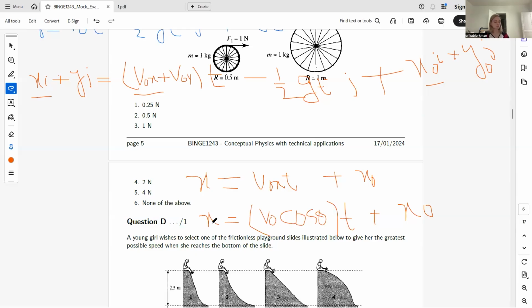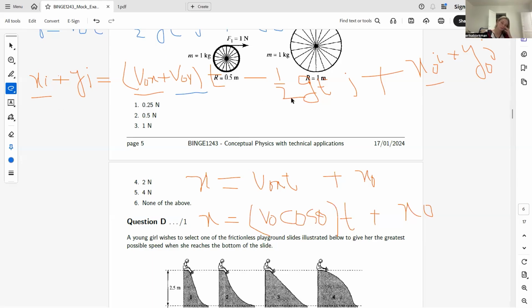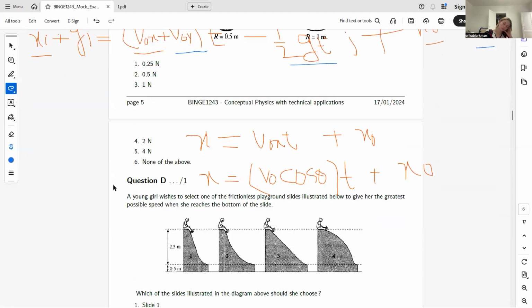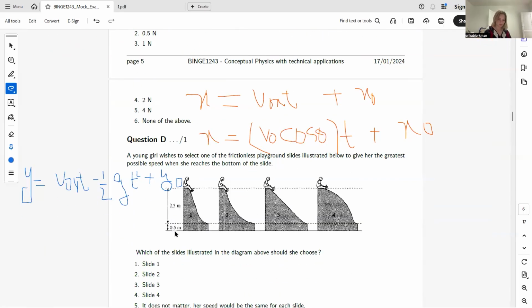Same thing I need to do for the vertical distance, taking the terms for y: first term, second term, and third term. Then our equation will become y is equal to v naught y t minus half gt square plus y naught, the initial vertical distance.